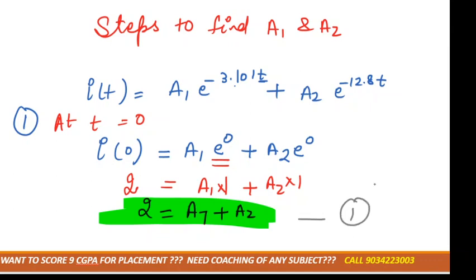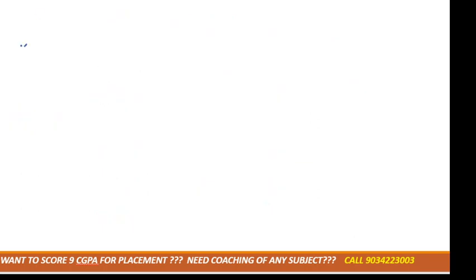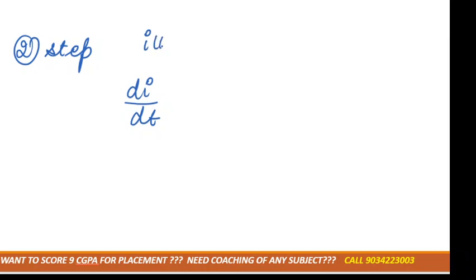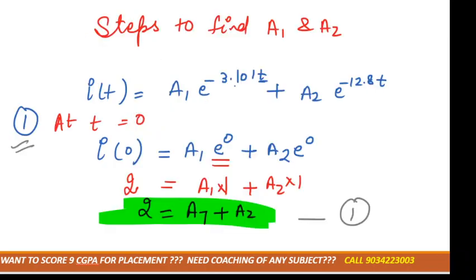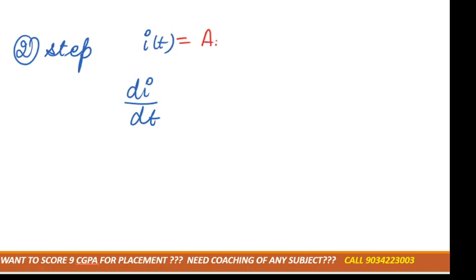Now we obviously need another equation to find the values of A1 and A2. So our first step is completed. Second step, we always calculate di by dt. We have to differentiate that equation. It is equal to A1 e raised to power minus 3.101 t plus A2 e raised to power minus 12.89 t, right?